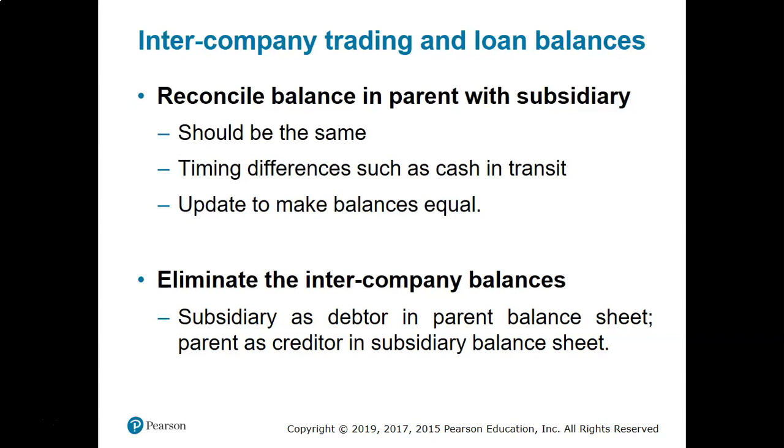These are the figures that we need to eliminate from the group accounts. Intercompany balances are supposed to be eliminated. The subsidiary can recognize a debtor in the parent's balance sheet, and the parent a creditor in the subsidiary's balance sheet. These are opposite transactions, where the amount is recognized in two different balance sheets. So in the case of the group, we will eliminate that from the group accounts.